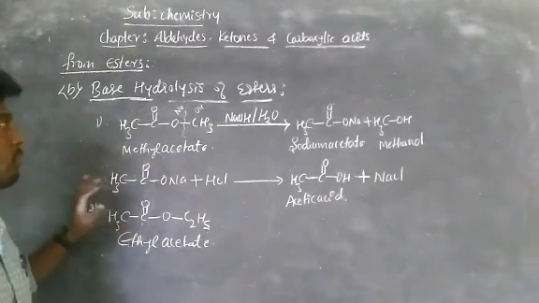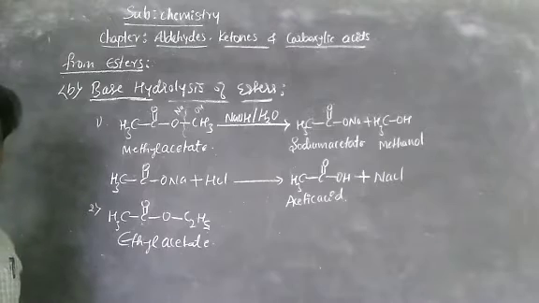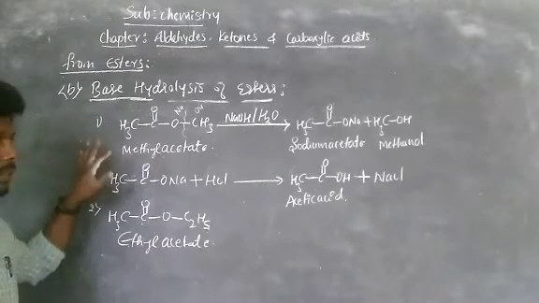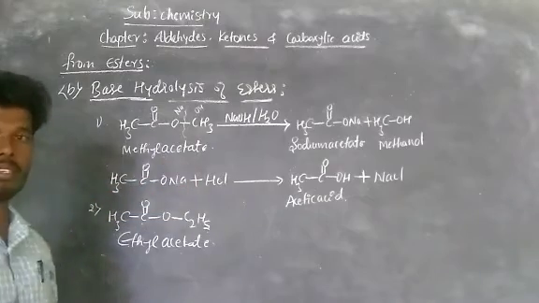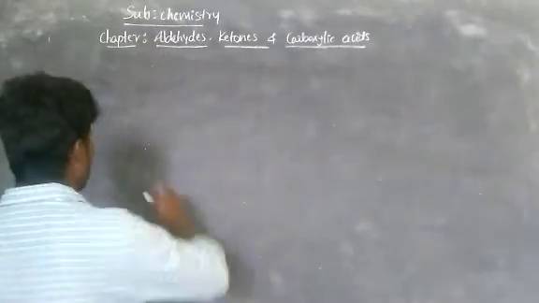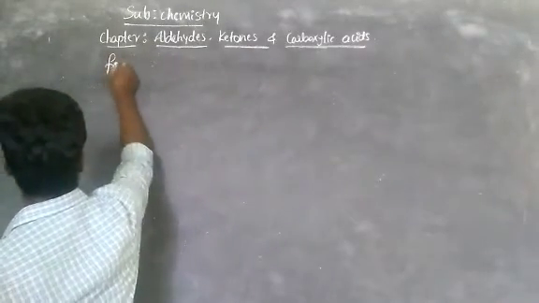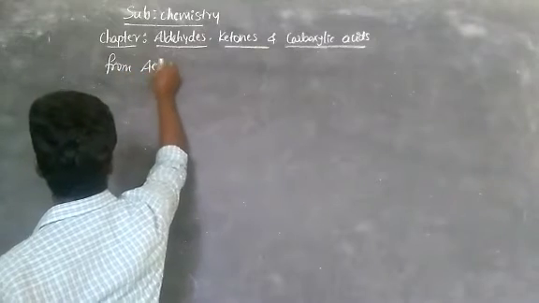Got it? Now take the third method, from acid chlorides. Preparation of carboxylic acid from acid chlorides. The next method is from acid chlorides.